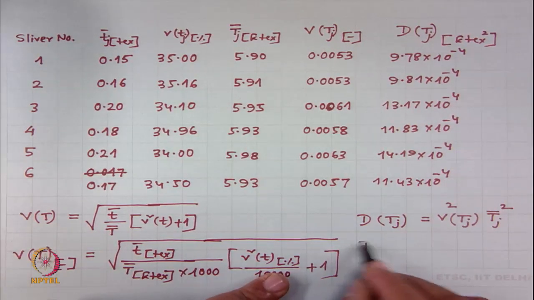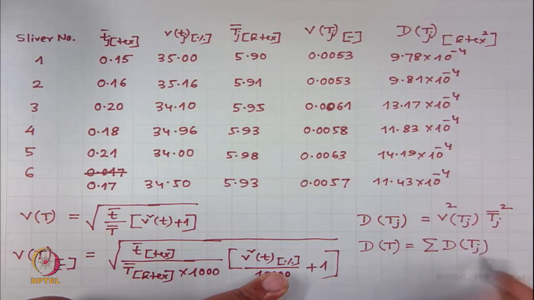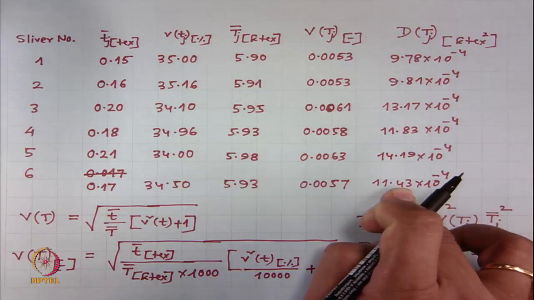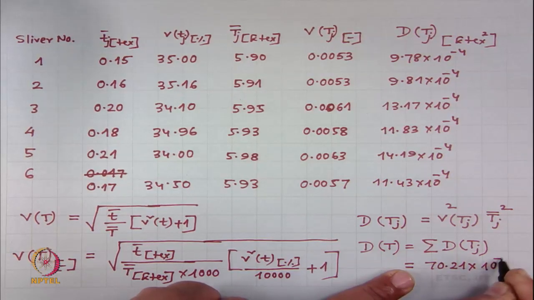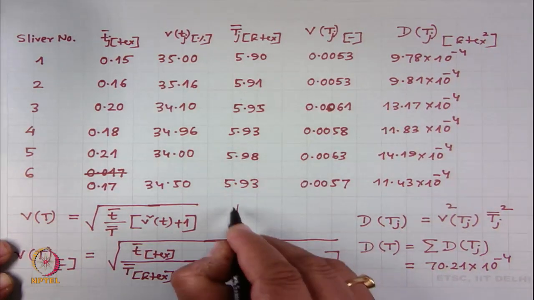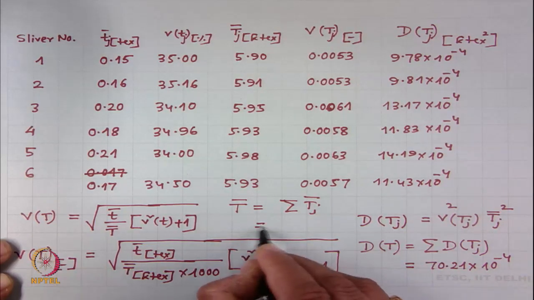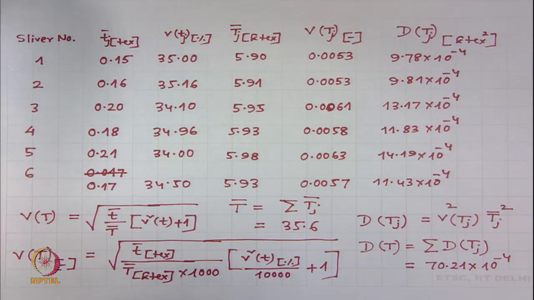So, if you sum up all these 6 readings, what you will get is 70.21 into 10 to the power minus 4 kilotex square, and also you have to sum the mean sliver fineness, this will give you 35.6 kilotex.